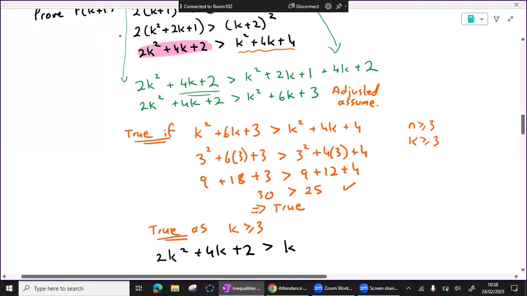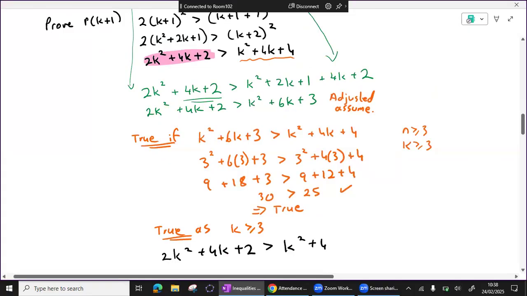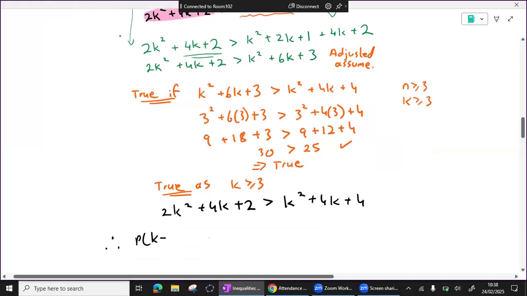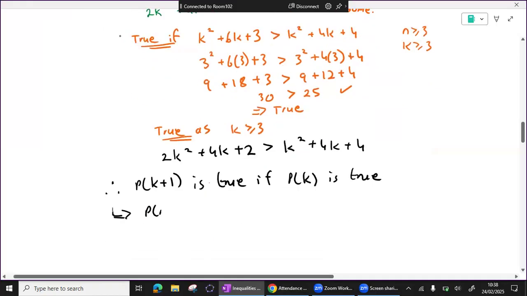So my last black sentence, in other words, 2k squared plus 4k plus 2 was bigger than k squared plus 4k plus 4. Now, when all of that is said and done, I go therefore Pk plus 1. So my little generic sentence is true if Pk is true, and that implies that Pn is true for all n an element of the natural numbers, with the restriction where n is bigger than or equal to 3.